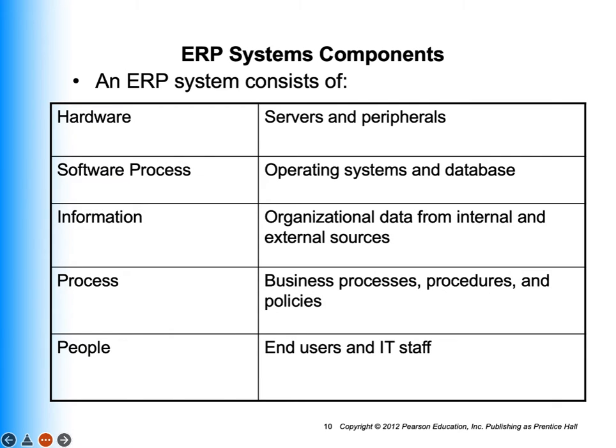Hardware for ERP, okay, server, most of us would know, where they keep all the database, the software, licensing. We have OS, operating system, within Microsoft, Linux, okay, information for the data, processes, business processes, procedure, policy, and people, okay, which are the end user, which is us.